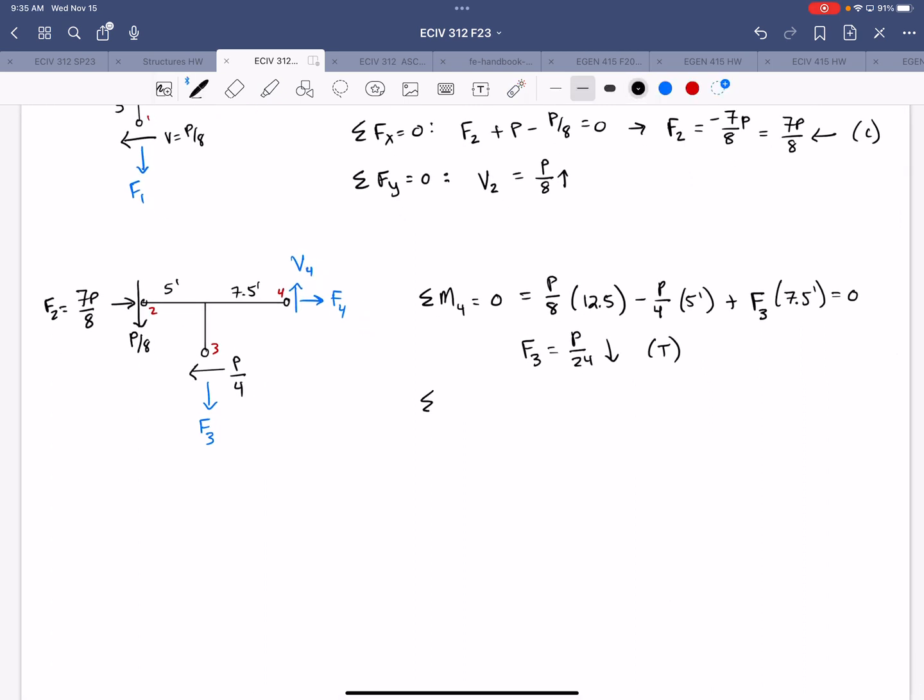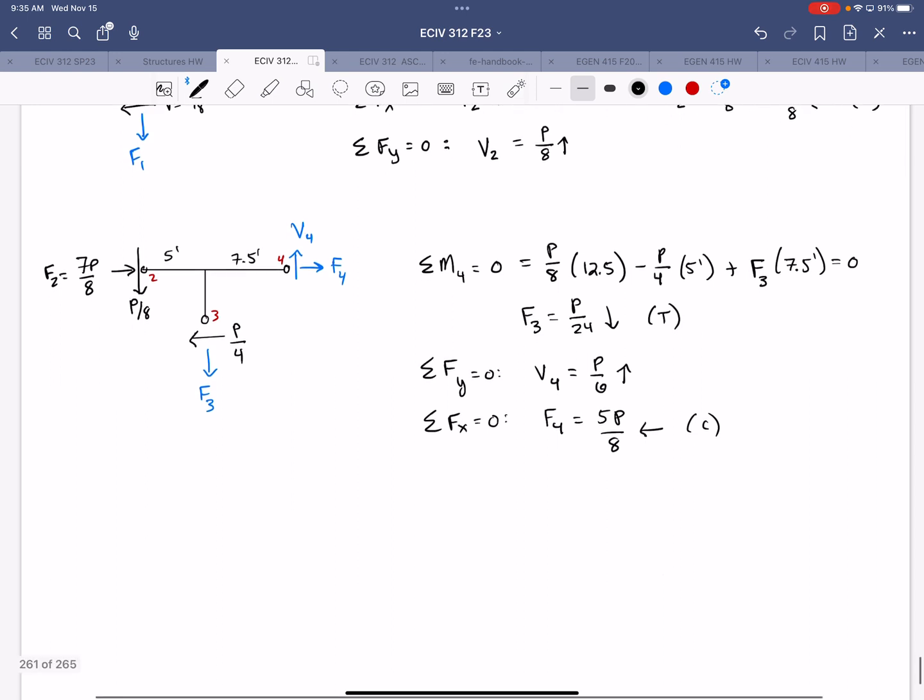Then going through and summing forces in Y, we find that V4 is equal to P over 6 upward. And from summing forces in X, we get F4 is equal to 5P over 8 in compression.